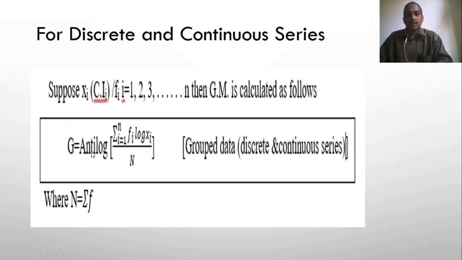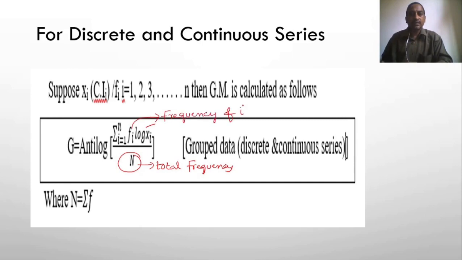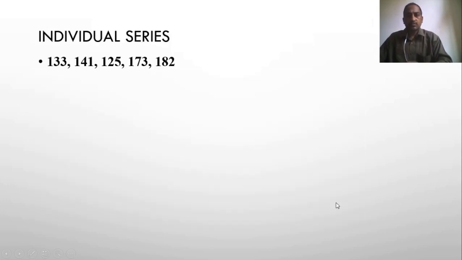Geometric mean equals anti-log of summation i equals 1 to n fi log xi divided by N, where N is the total frequency and fi is the frequency of the ith observation or class.